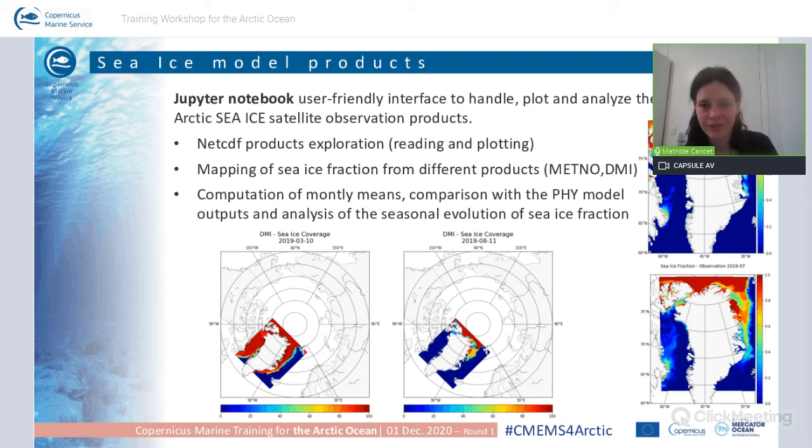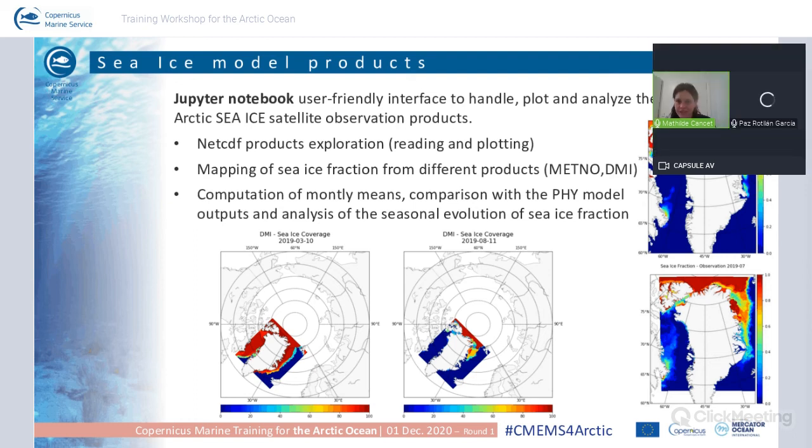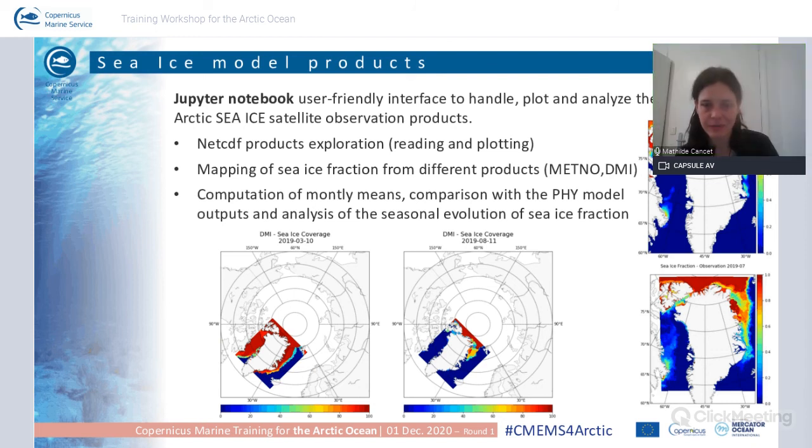For those who were not here this morning, these exercises deal with how to handle the NetCDF products with the Jupyter notebook: reading and plotting the data, and you will see how to map the sea ice fraction from different products from METNO and DMI, and also how to compute monthly means of the products and compare them with the physical model outputs, and analyze the seasonal evolution of the sea ice fraction.